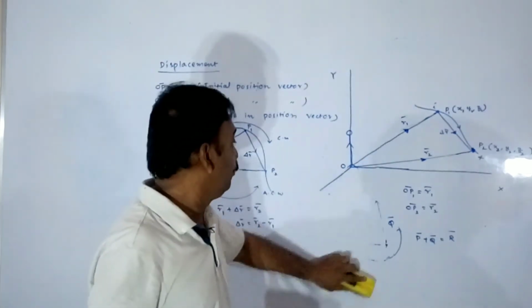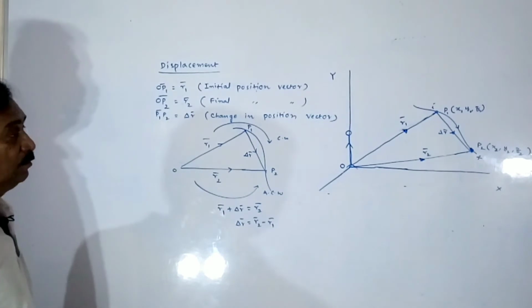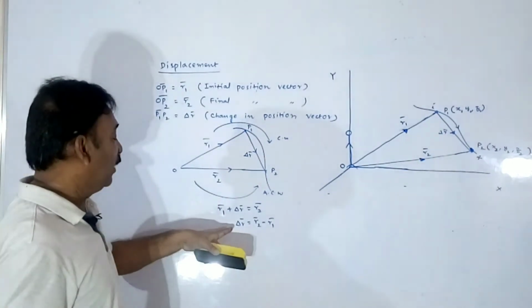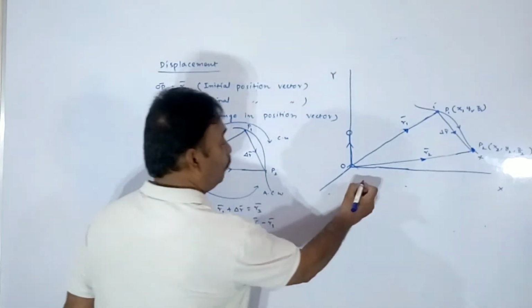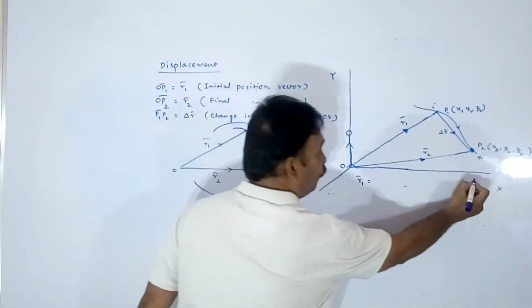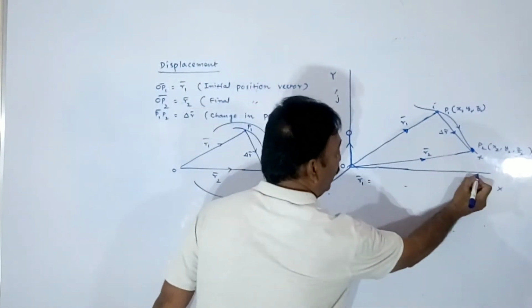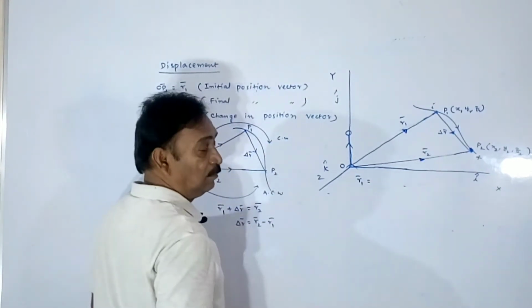Here in this way you can represent the position vector delta R is equal to R2 minus R1. Now watch it carefully. I am writing R1 with respect to the vector notations. These are the unit vectors, k cap along the z axis, isn't it?